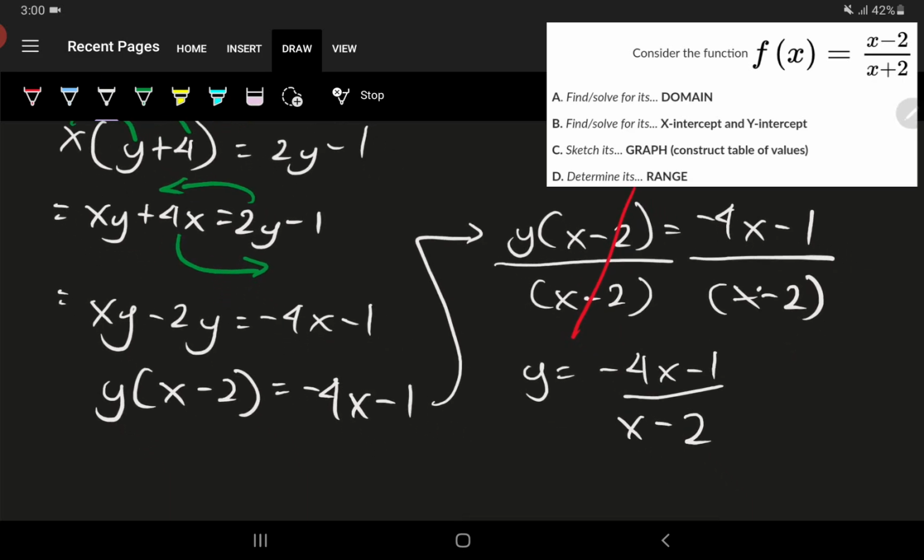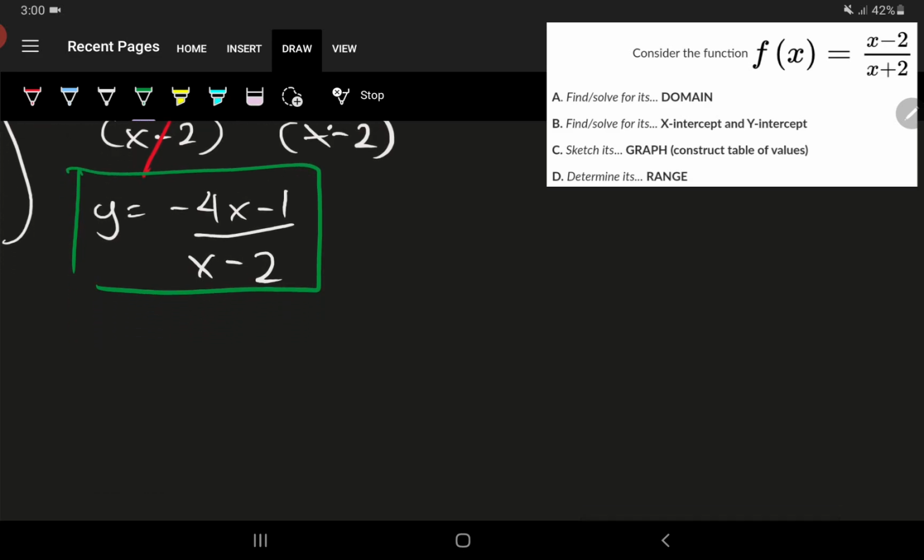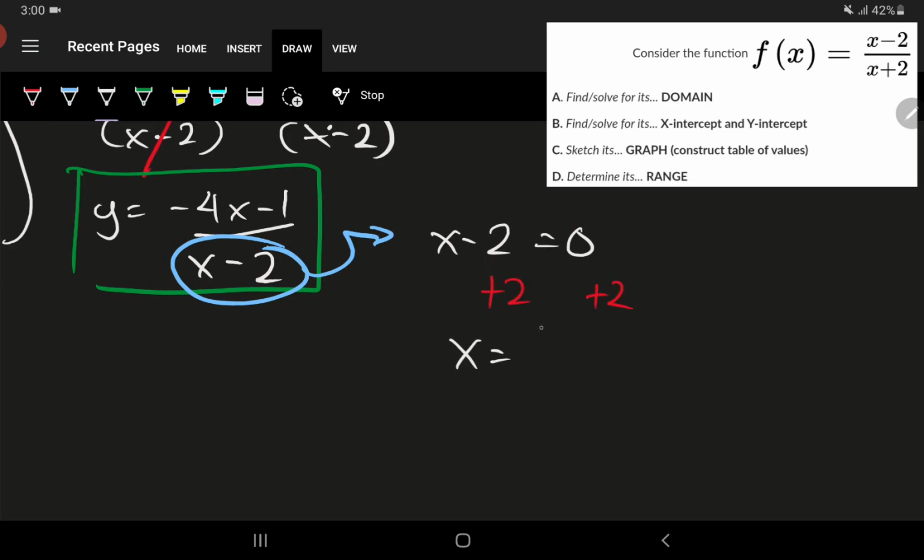Since we have obtained the inverse, dear students, again, this one is not yet our final answer. Let's solve for the domain of this given expression, and that domain will serve as our restriction for the range. So again, let's solve for its domain. We set our denominator x minus 2 equal to 0 and solve for the value of x. Let's add 2 to both sides. That means x equals positive 2.